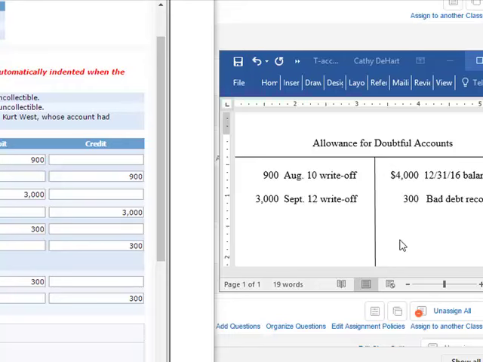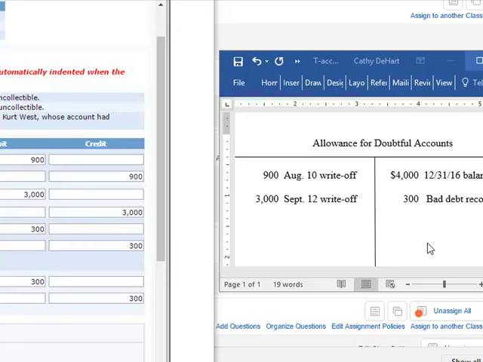So that $400 is going to be our ending credit balance. The reason it's an ending credit balance is because the credits are bigger than the debits. So we'll remember that we have a $400 ending credit balance right now.